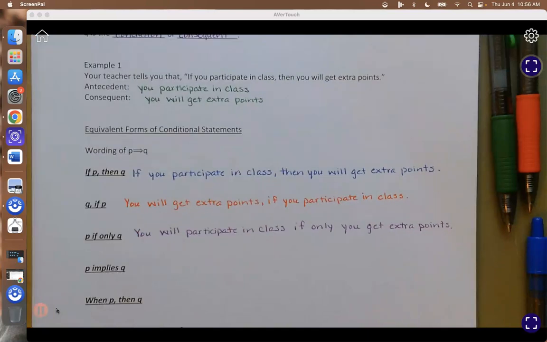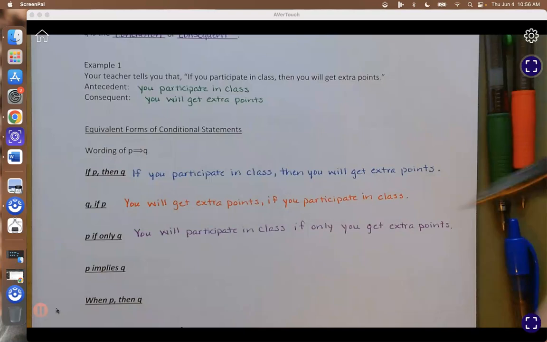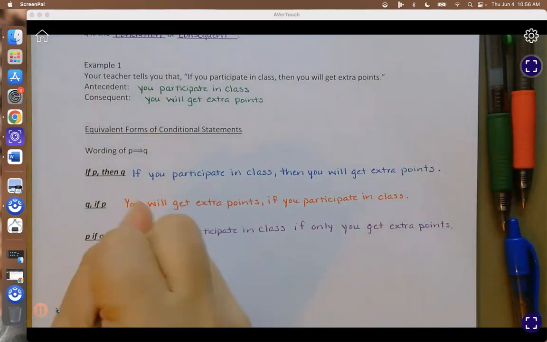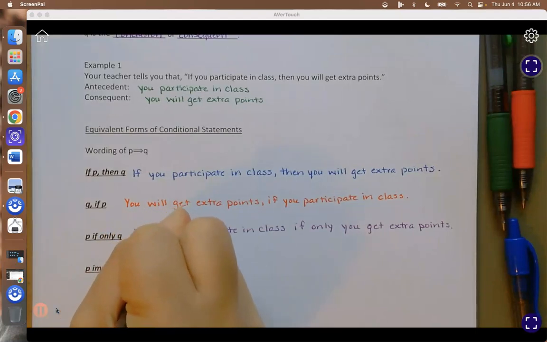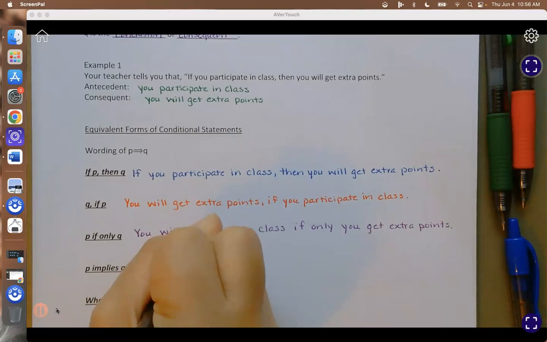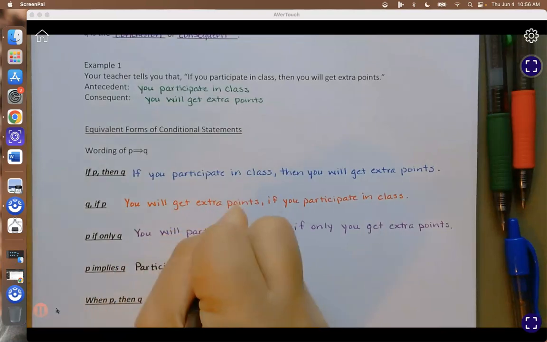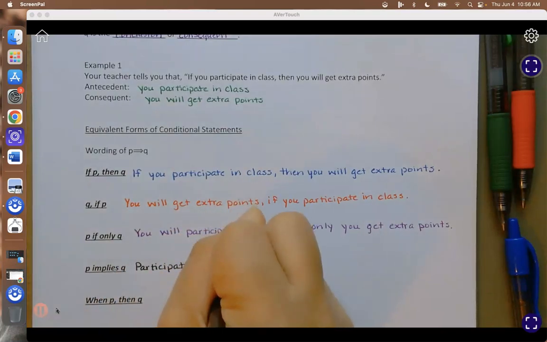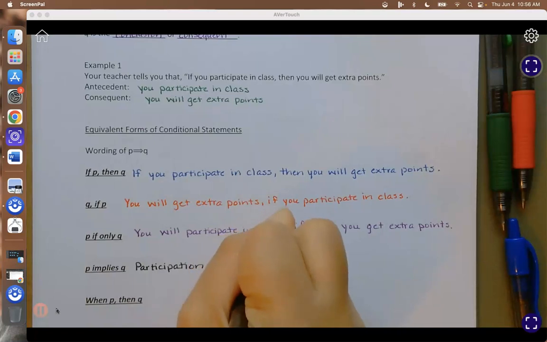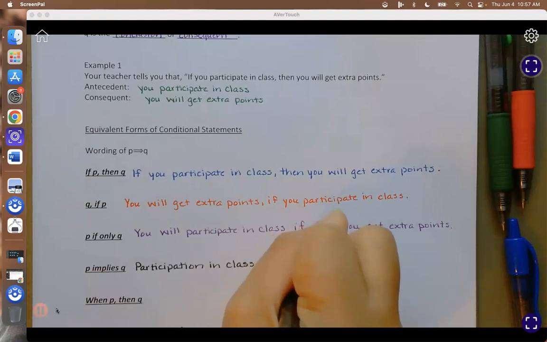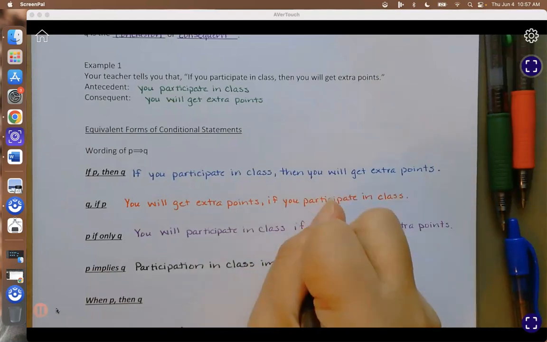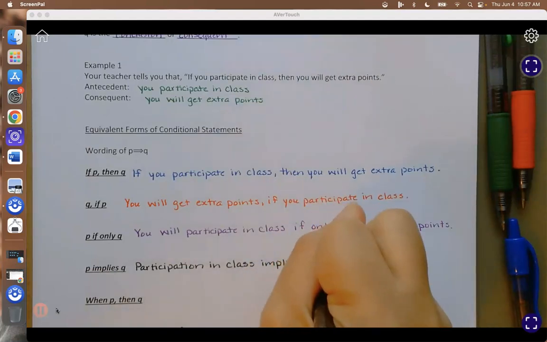Okay. All right. P implies Q. So participation in class implies you will get extra points.